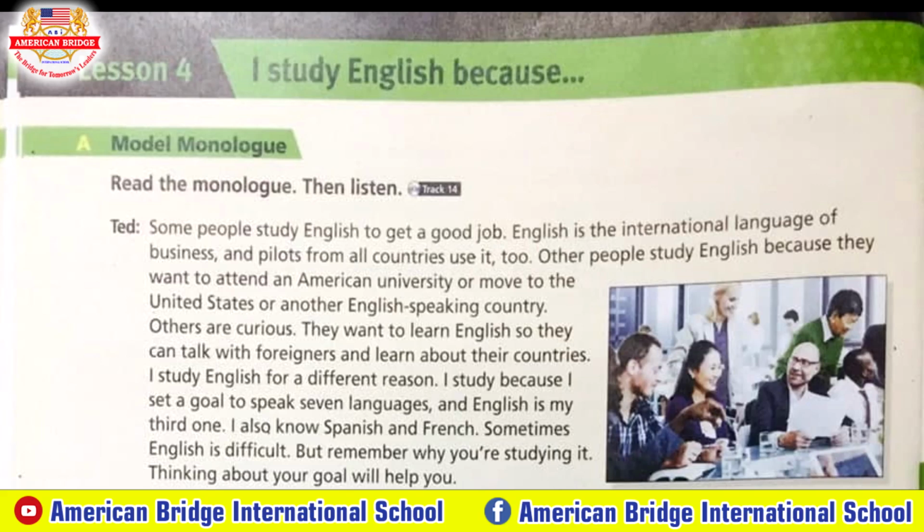They want to learn English so they can talk with foreigners and learn about their countries. I study English for a different reason. I study because I set a goal to speak 7 languages, and English is my 3rd one. I also know Spanish and French. Sometimes English is difficult, but remember why you're studying it. Thinking about your goal will help you.